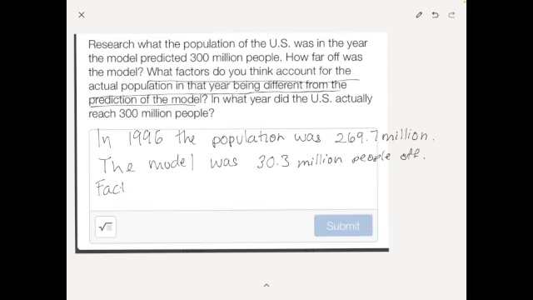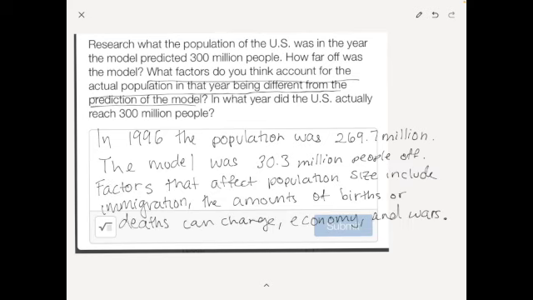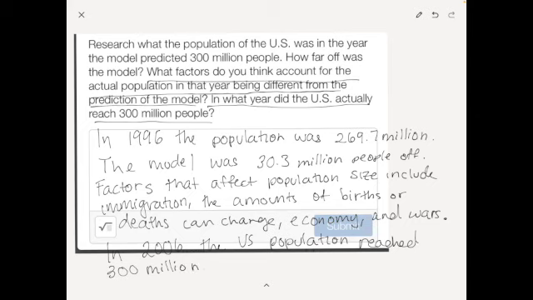So we can write some of these down. The last question is, in what year did the U.S. population actually reach 300 million? And that was actually in 2006. I had Googled that earlier.